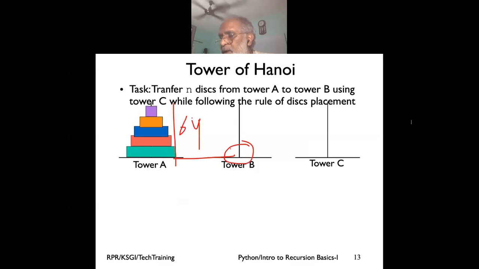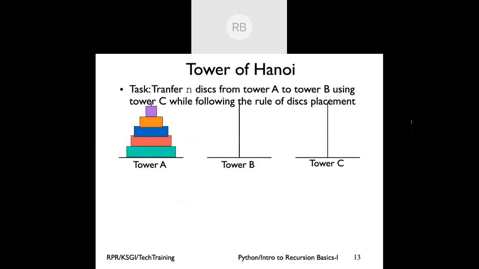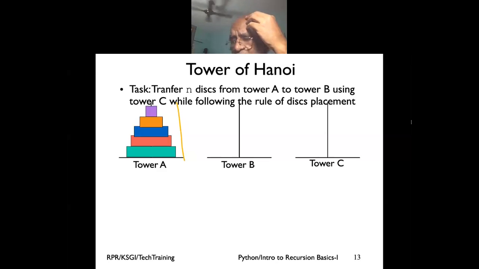Yes, sir. So how do we do that? Let's look at how you can apply recursion. Assuming now I have 5 disks here, assuming I don't have the bottom disk. Instead of 5 disks, I look at the problem of 4 disks.